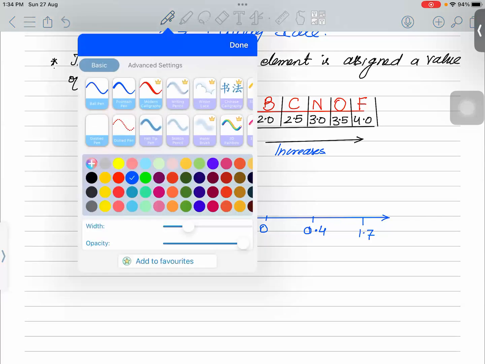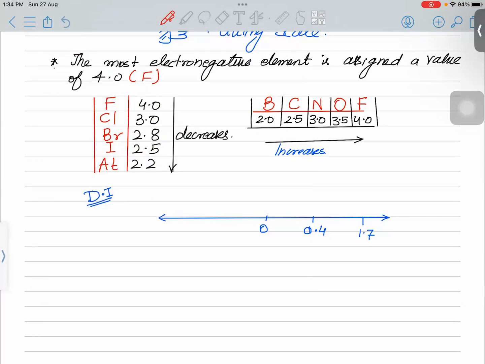If the difference of electronegativity is between 0 to 0.4, it means the compound is non-polar. We will discuss what is non-polar. If the electronegativity difference is between 0.4 and 1.7, then the bond is polar. We will discuss what is polar. And if it is greater than 1.7, it means it is ionic.